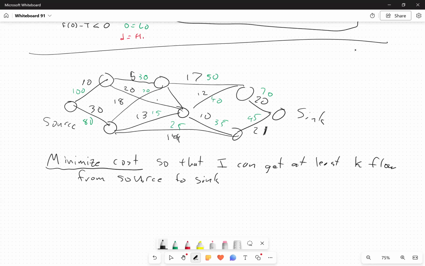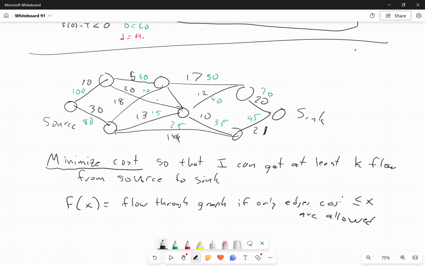Well, you can already say, if you give me a cost, if you say f at x is the flow through the graph if only edges cost less than or equal to x are allowed.